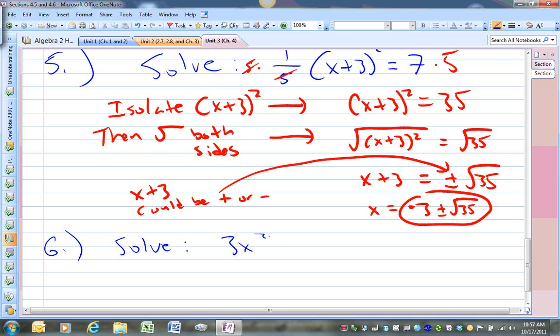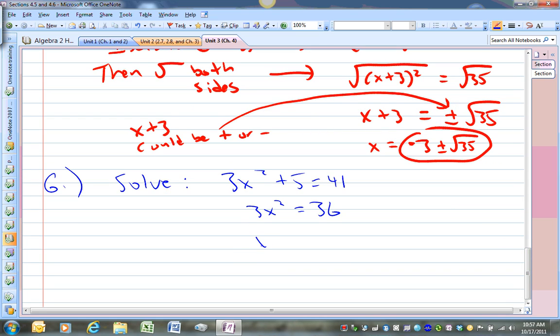3x squared plus 5 equals 41. So 3x squared will equal 36. x squared equals 12. x equals plus or minus root 12, which is plus or minus 2 root 3 when you simplify it.